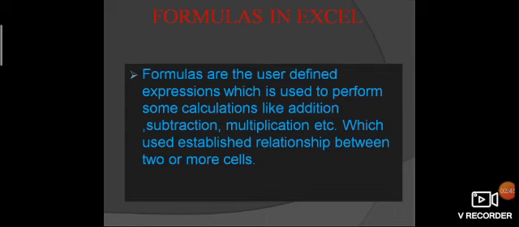Formulas are user-defined expressions which are used to perform calculations like addition, subtraction, multiplication, etc. And they are used to establish the relationship between 2 or more cells. For example, sum, max, min, average. These are examples of functions.